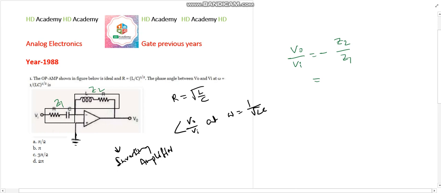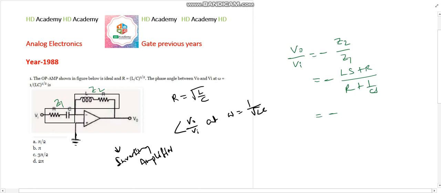So minus Z2 by Z1. Taking the Laplace transform, because Z2 is made of L and R, we can write Ls plus R, and Z1 is R and C, so R plus 1 by Cs.